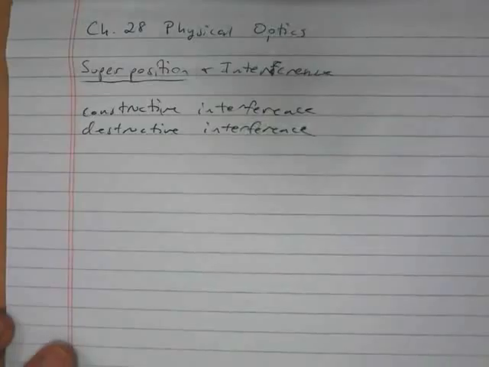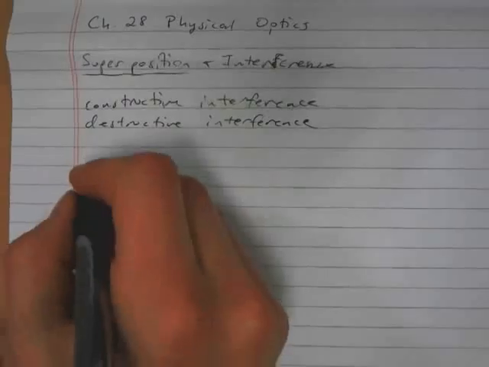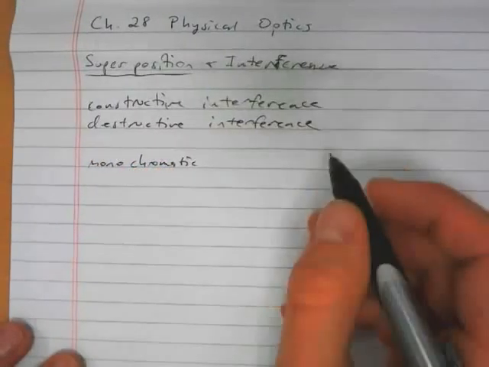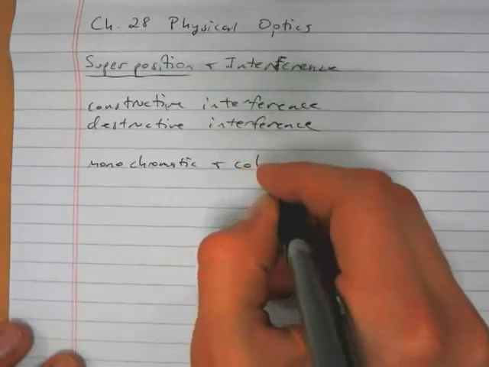So if they're monochromatic, that means they have the same frequency, and so they can have a constant phase relationship. And that's the other thing, is that they do have to have a constant phase relationship. So those two terms, they have to be monochromatic, one color, and then a constant phase relationship means that the light is coherent.